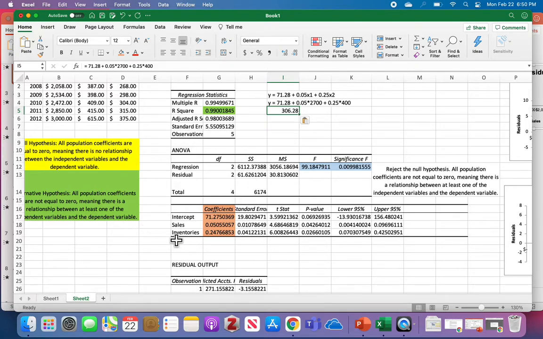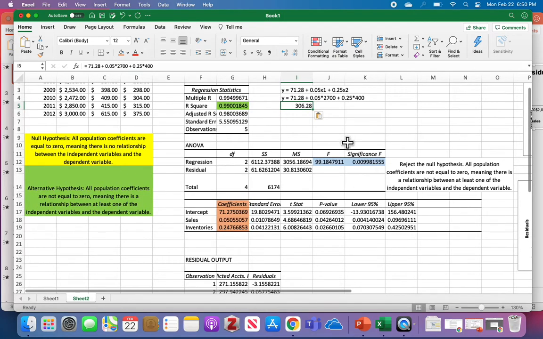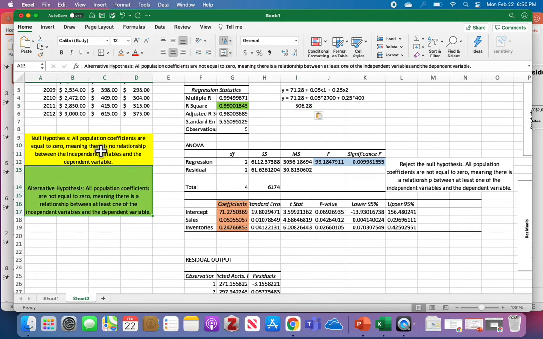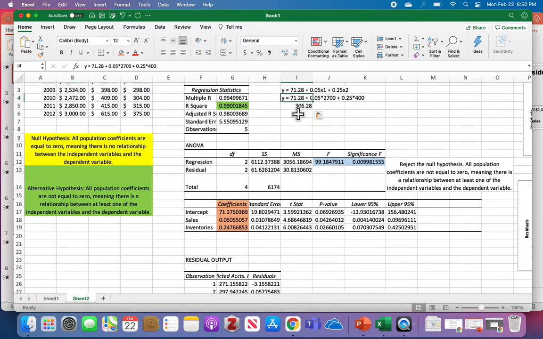Now, just to check, since we've got the null and alternative hypotheses that there is a relationship, we've got our model, but is that model worthy? Is that model actually usable?